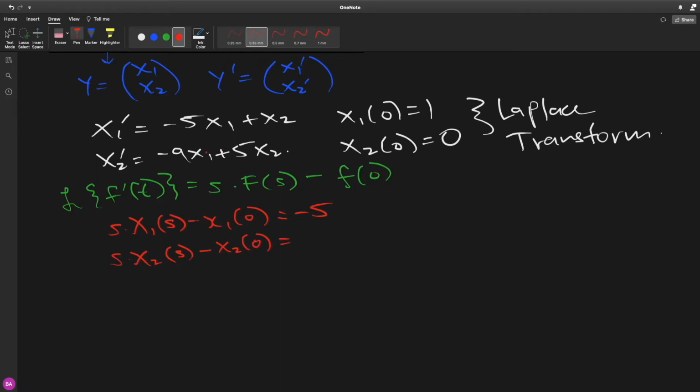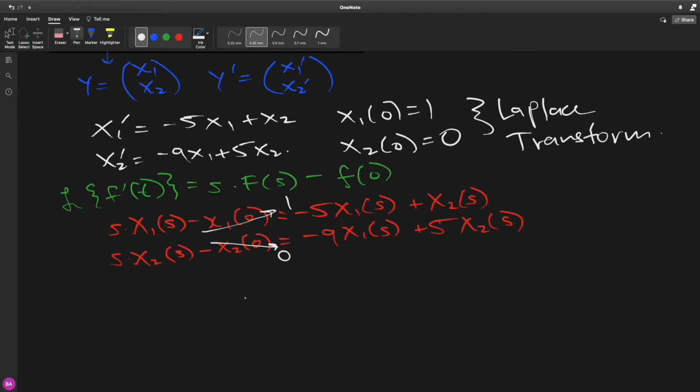Each of these terms on the right side translate pretty simply. So now we have a system of two equations in x1s and x2s. We can plug in our initial values that we found up here to cancel this out a little bit more. This x10 becomes 1, and this x20 becomes 0.